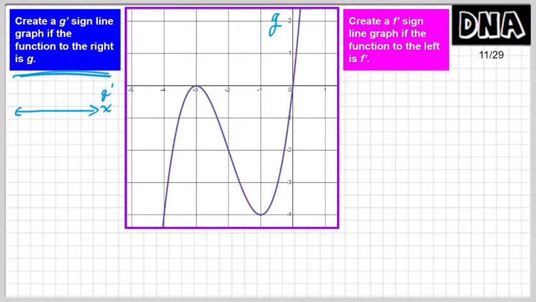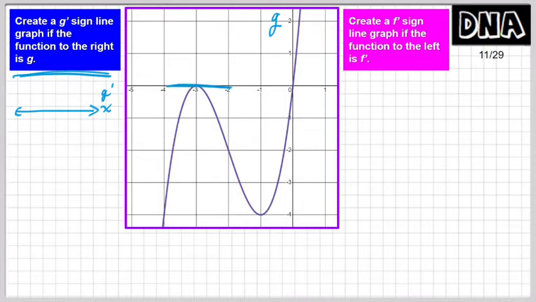And so if we're doing that, and we're trying to create a sign line graph for it, what you want are the critical values. Now, what are the critical values for this G function? Stop for a minute. Look at the graph. Where would the critical values be? And if you knew that the critical values would be where the tangent lines are horizontal, you were correct.